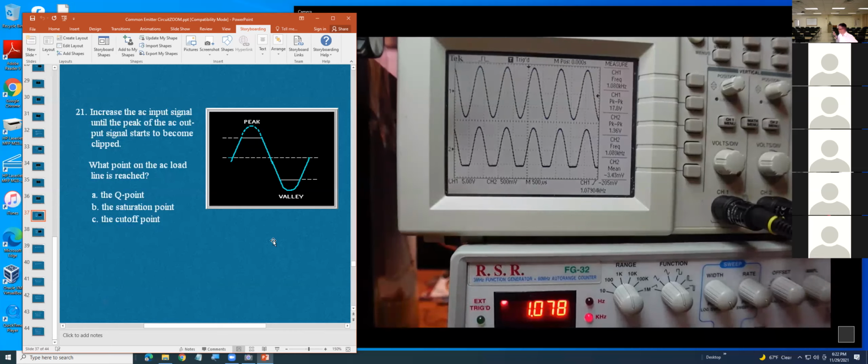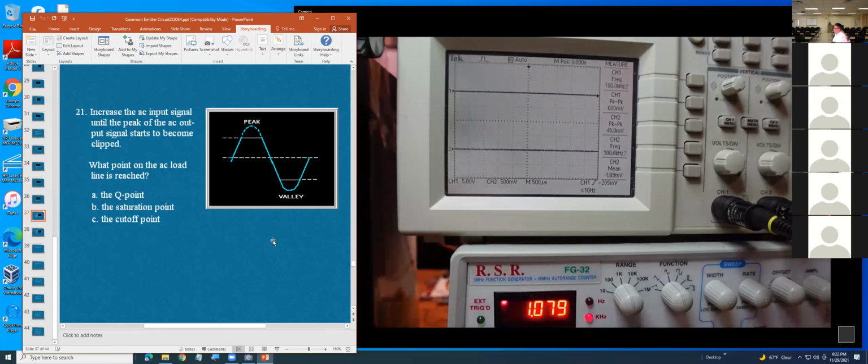Okay, so basically, you want to increase more. You don't need an attenuator. I want to increase more voltage. So I take the output of the generator and connect it into the generator.